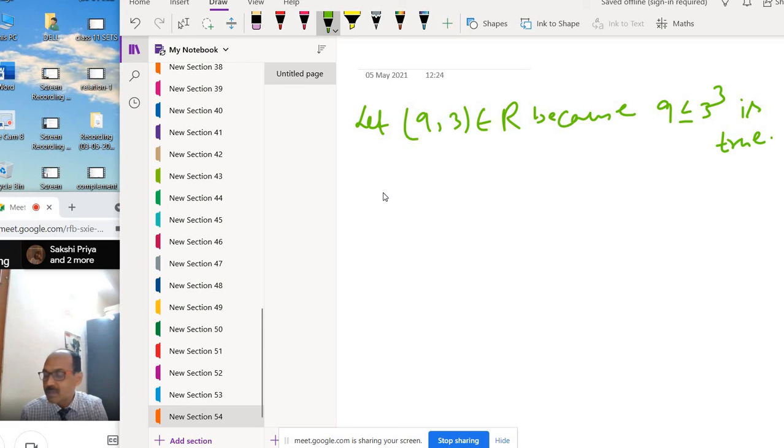And (3, 2): 3 less than or equal to 2 cube, 3 less than or equal to 8. Yes, it is true.